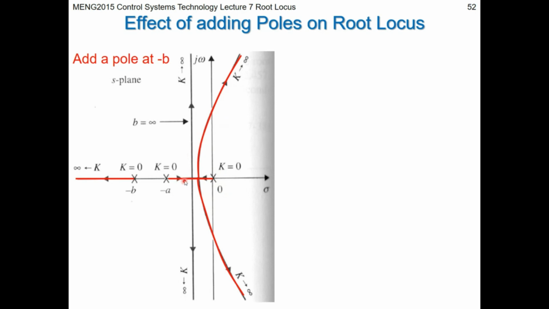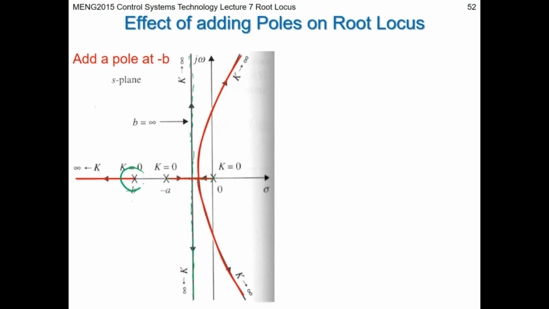I can calculate the center of my asymptotes and draw lines to show where they're going, and we know the loci are going to converge to those asymptotes. One of them is going to be along the negative real axis, the others are going to be at plus or minus 60 degrees, right? So you can see how I've changed it from this original line. I could probably draw that in green just to highlight it. So I initially had this green dotted locus.